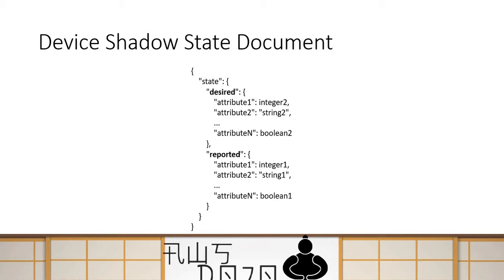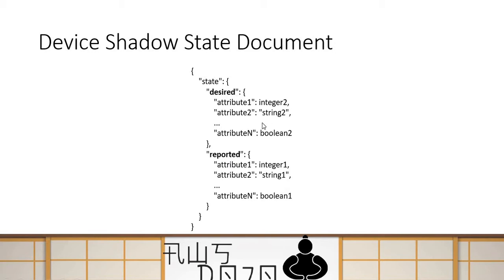The purpose of keeping these two separate fields, desired and reported, is that desired is when your application is telling the device to change to a certain desired state, and reported is what the device reports back as an actual state on the field. Generally, the purpose is that reported should match the desired state.